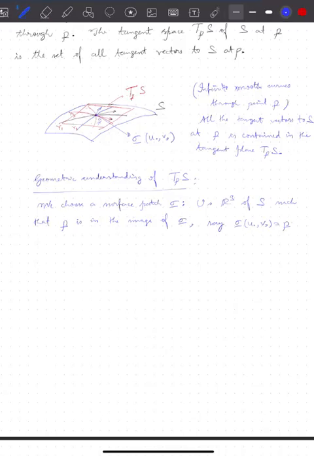And if a curve gamma vector lies in S and passes through P vector when t is equal to t naught, then there are functions u(t) and v(t) such that gamma vector of t is equal to sigma vector of (u(t), v(t)).